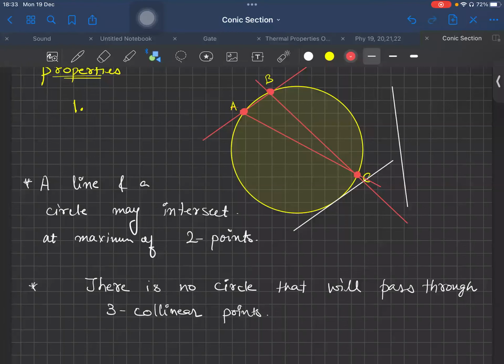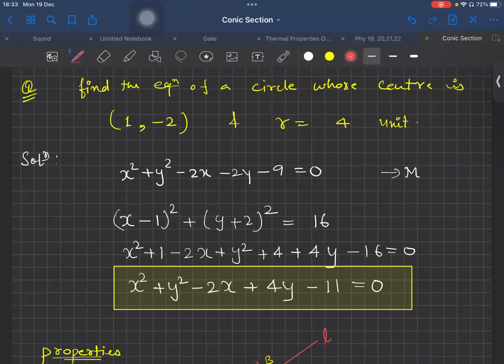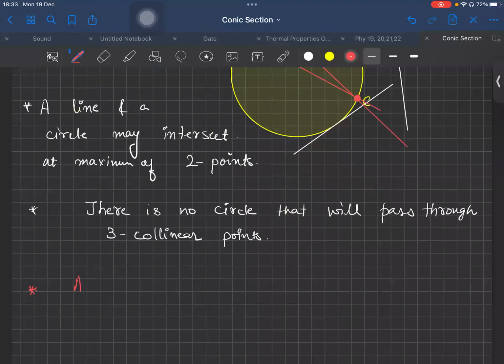Okay, that is defined. Or let's write down here again if you have a problem: a circle will always pass through 3 non-collinear points.